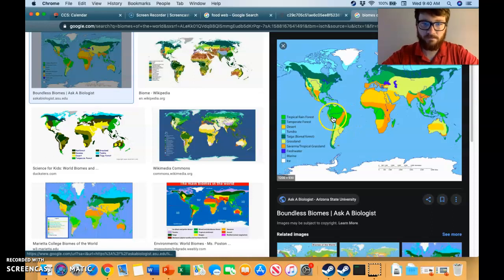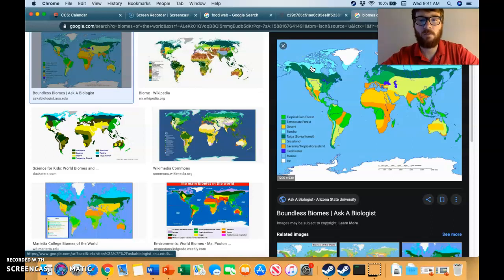You have savanna or desert biome. So here's a savanna, here's desert biome, or grassland biome. Desert's like right here. You have the marine biome here. You have boreal forest, as in like Canada, stuff like that. So you're going to select a biome.